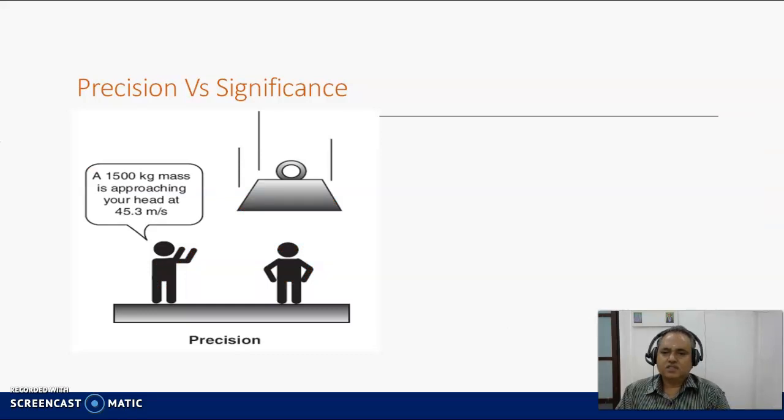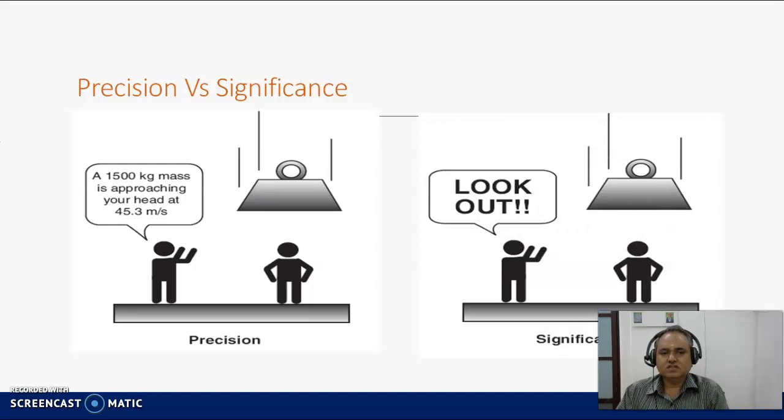A person tells another one, look at the figure, a mass of 1500 kilograms is approaching your head at 45.3 meters per second. So the person on the left says this to the right, and before understanding what he says, definitely you won't be there. Instead, one can tell something like this: look out, and definitely he can escape.